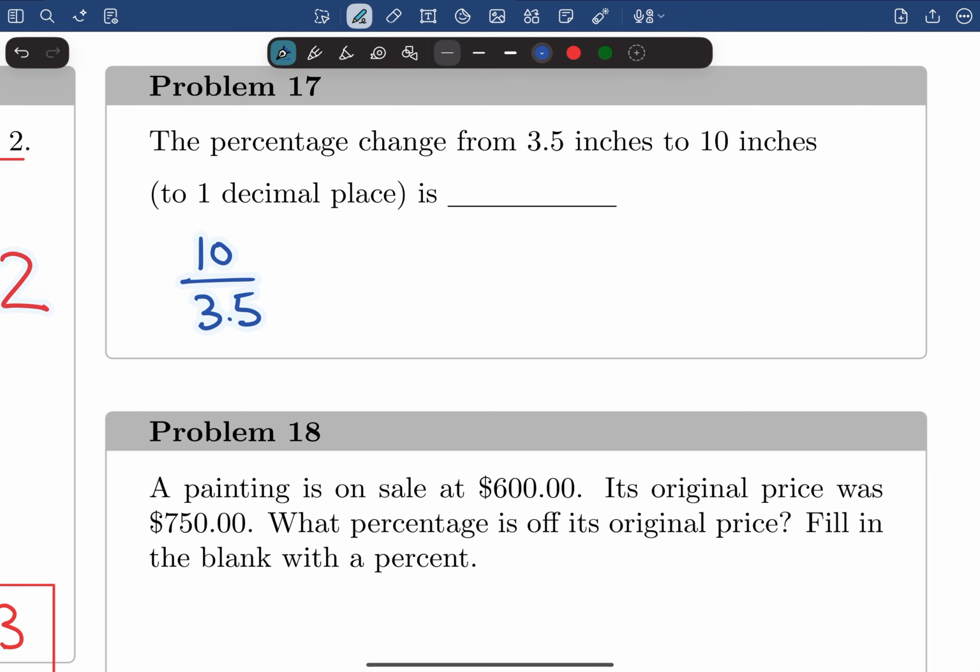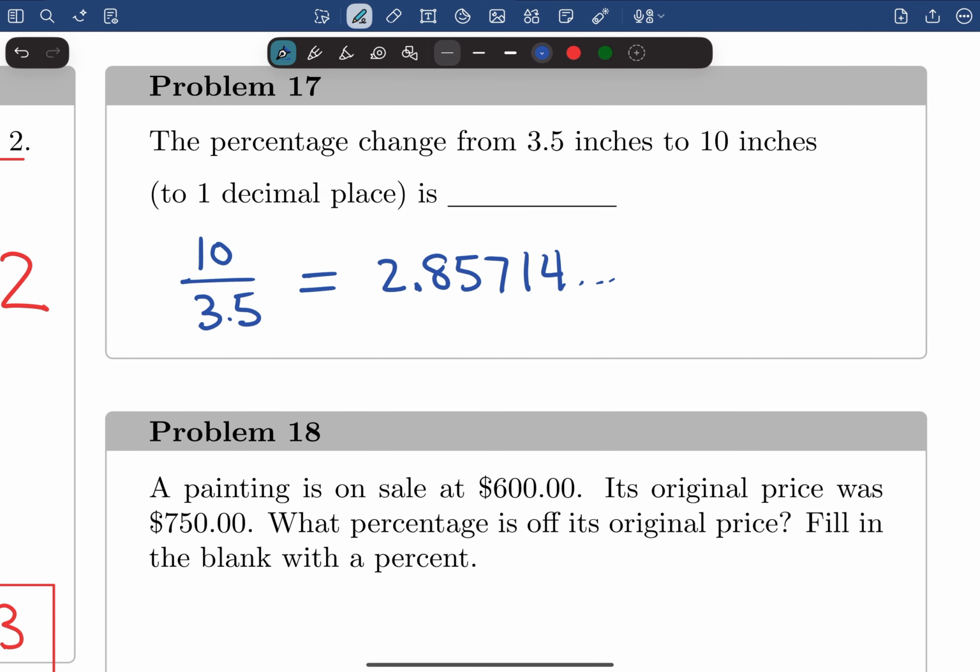There's going to be one last thing to do at the end, but this is how easy it starts. We're rounding it to one decimal place after we turn it into a percent, so right now I'm going to write it as a decimal, 2.85714. That's what I get.